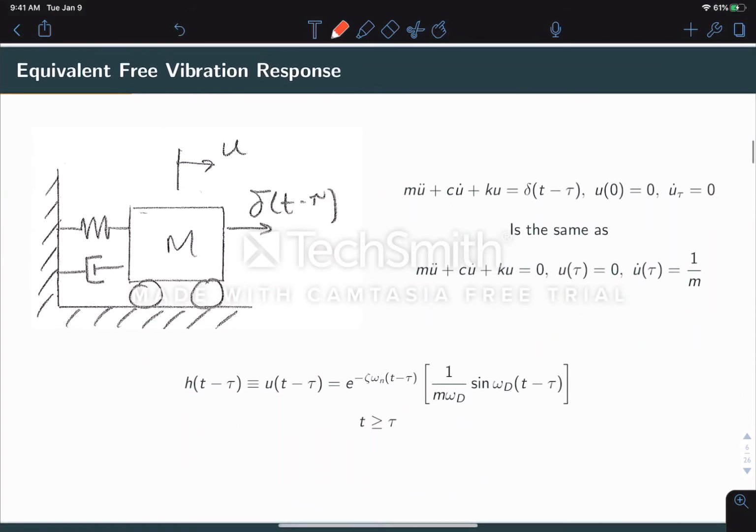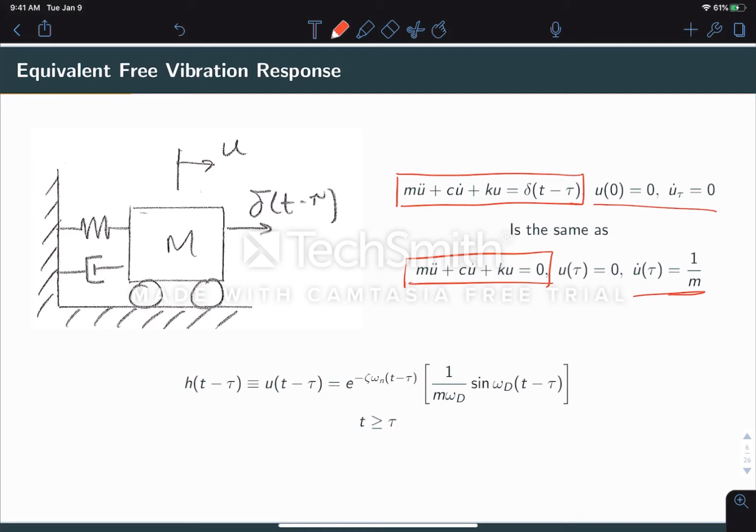So if we look at the equation of motion, we can say a system which is loaded with an impulse with zero initial conditions can be expressed as an unloaded system with an initial velocity at time tau equal to 1 over m. In this case, I'm just using I equal to 1.